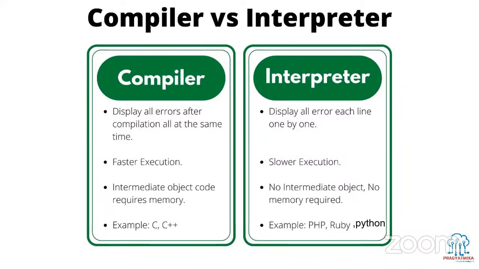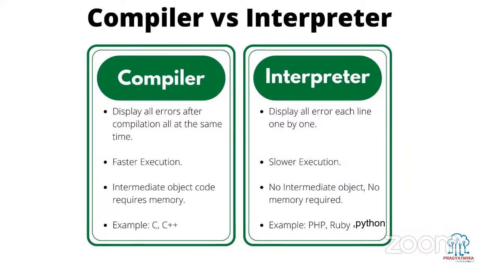If it doesn't have errors, we convert it into an executable form. This executable file we can run multiple times without recompiling, because once you know it doesn't have any errors, the compilation process is not required next time. Okay, so this is a compiler.